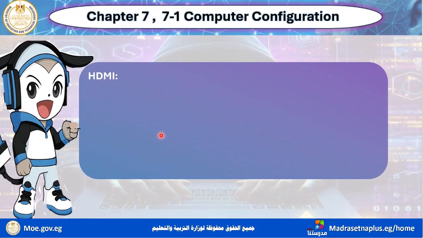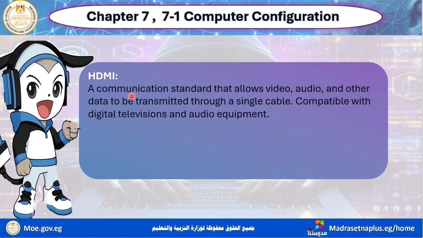And now we have the HDMI. It's a communication standard that allows videos, audios, and other data to be transmitted through a single cable. So it's a cable that we use to connect computers with a television or any other equipment, to allow videos and audios to be transmitted through it.